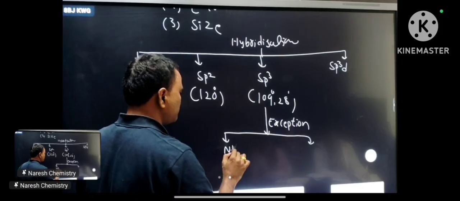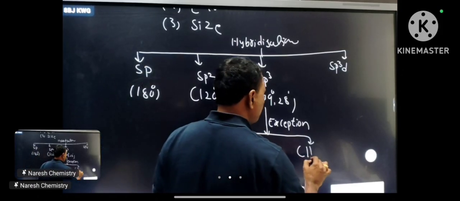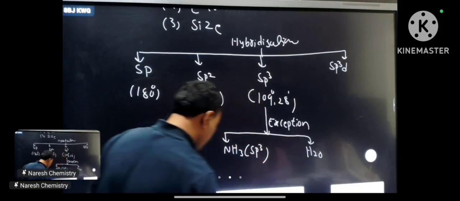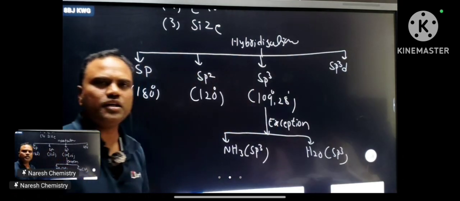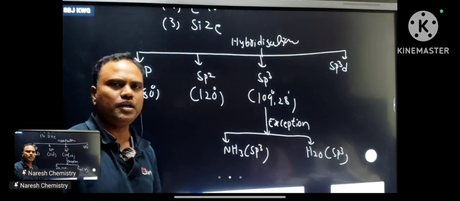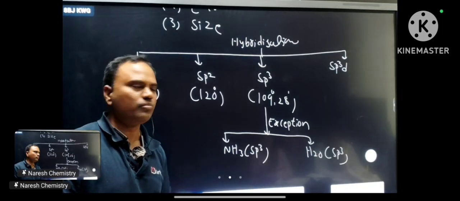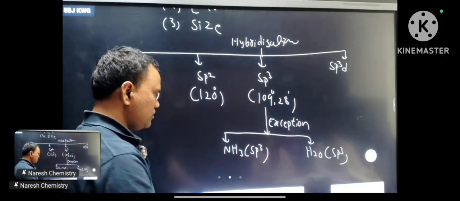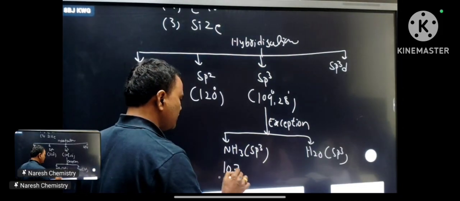Here the hybridization is sp3 only, and here also the hybridization is sp3 only. Both have sp3 only, but don't take the bond angle as 109 degrees 28 minutes. You have to learn by heart the bond angle data of ammonia and water. I already said that during the hybridization explanation. Tell me what is the bond angle here? 107.